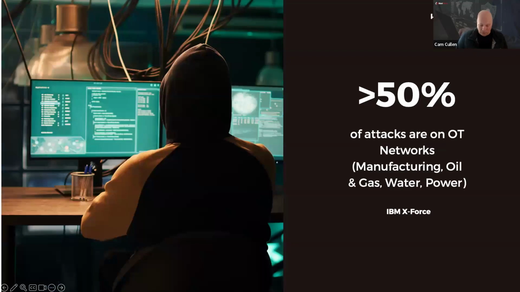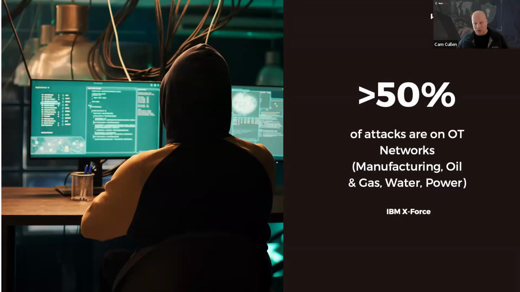Well, if you watch the news at all, you know why. Over 50% of the attacks out there now end up on OT network owners or the OT networks themselves. Manufacturing is the highest attacked industry overall.